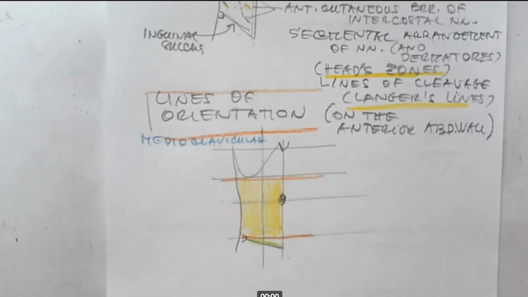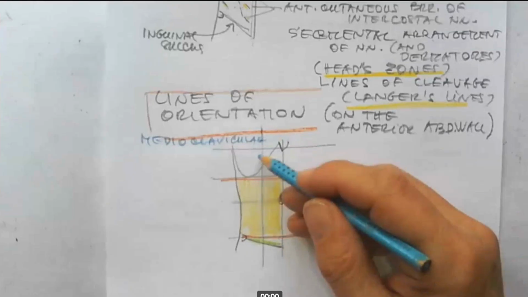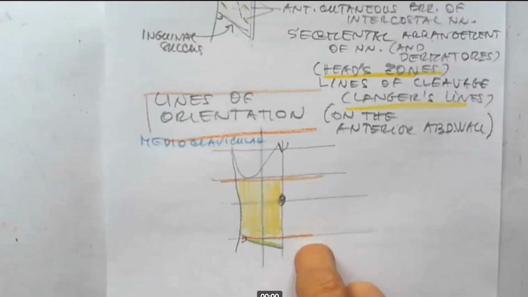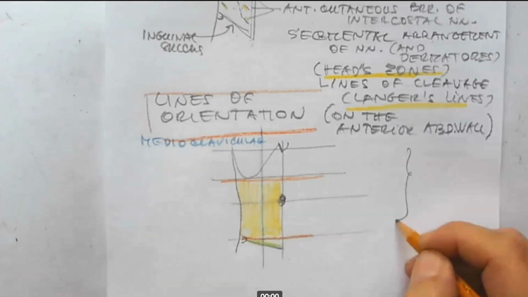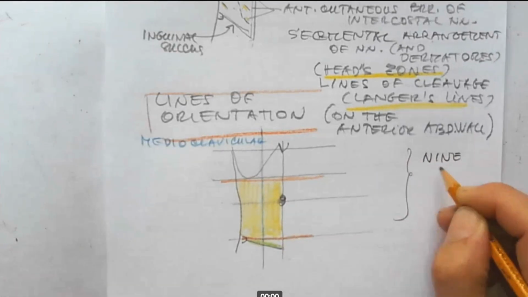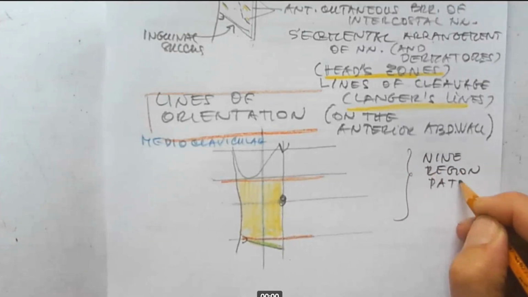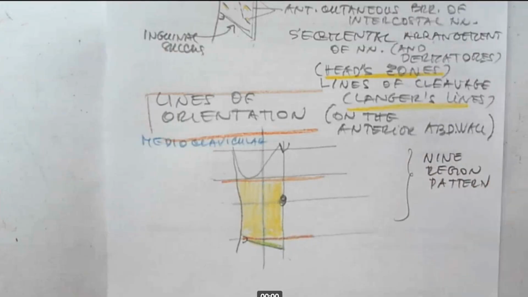Two vertical means on both sides they are medioclavicular, and two horizontal are subcostal and interspinous lines. We call it three areas, or better, 9 region pattern. So we could add the 9 region pattern, or later on 4 quadrants pattern.